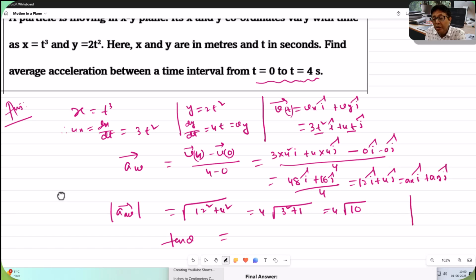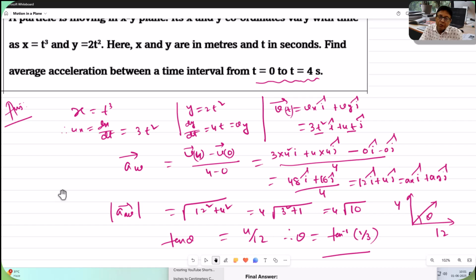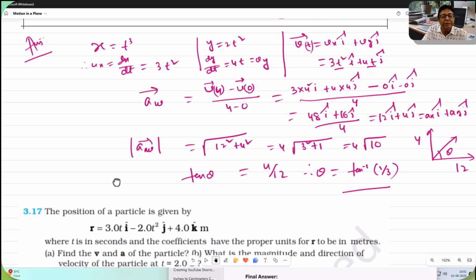So, AX part is 12, AY part is 4, and this tan theta is going to be equal to 4 by 12. So, theta equal to tan inverse 1/3. Simple. You understood how to calculate the average acceleration between two given time intervals.